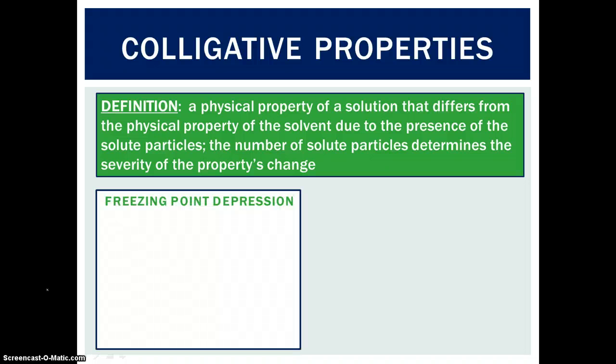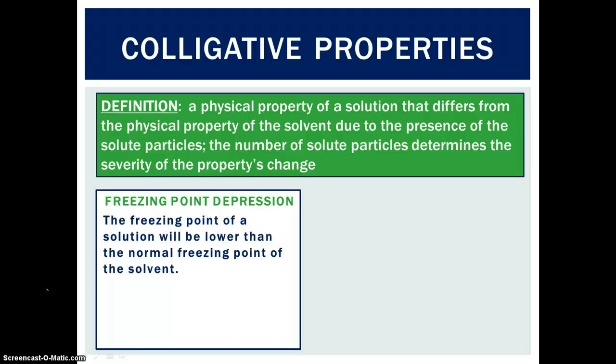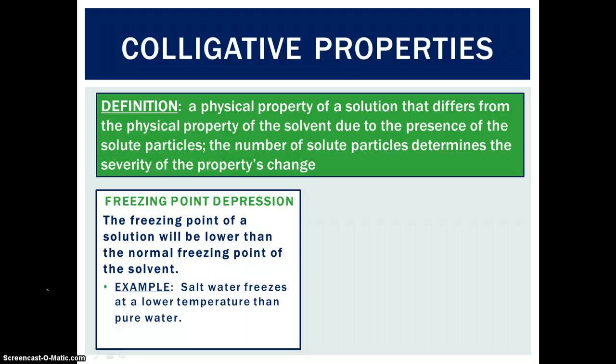The first one is freezing point depression. In layman terms, it basically just means a decreased freezing point. The freezing point of a solution will be lower than the normal freezing point of the solvent. So if you add, for example, salt to water, the salt water will freeze at a much lower temperature than pure water.